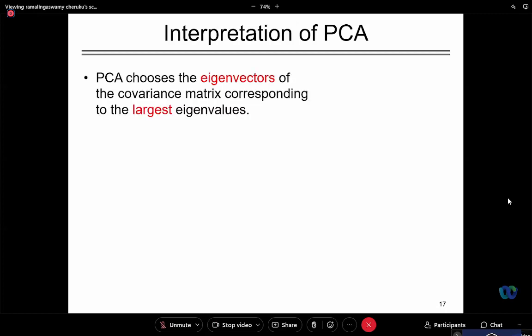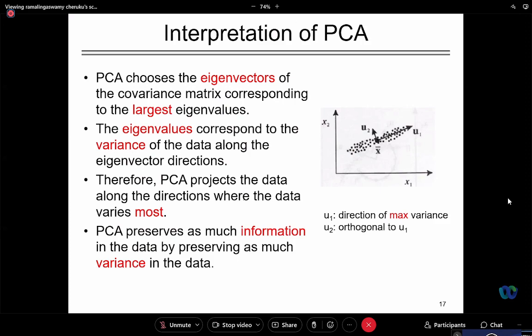So now let's see the interpretation of the PCA, principal component analysis. As I mentioned, this is your basis vectors x1, x2 in the original space. So this is my new space. You see here the basis vectors are like this, but here slightly rotated, and there is a movement in the origin.